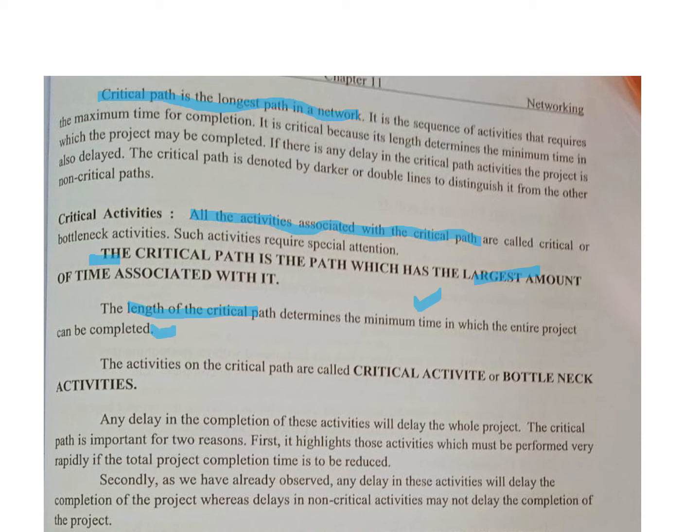So the longest time that the route takes is the minimum time in which the project can be completed. And the activities in the critical path are called the critical activities, or also called bottleneck activities. Any delay in these activities will delay the whole project, right?